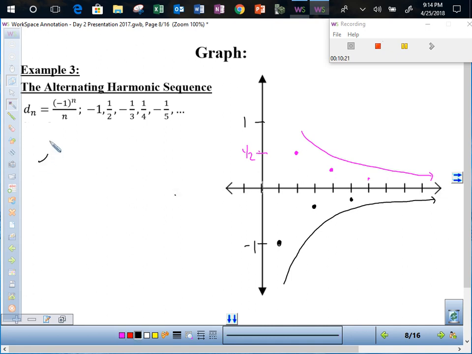So I'm going to say this: the limit as n approaches infinity of d of n, that happened to be the name of our function, continues to get smaller and smaller. It approaches the x-axis. So I'm going to say that that limit is 0. So you're looking at the y value that we approach.